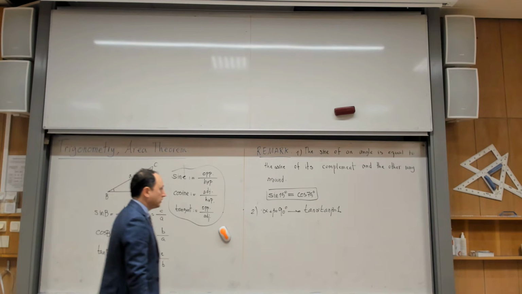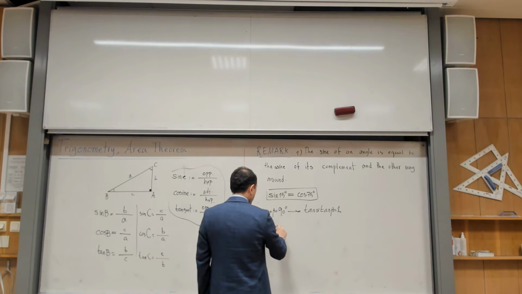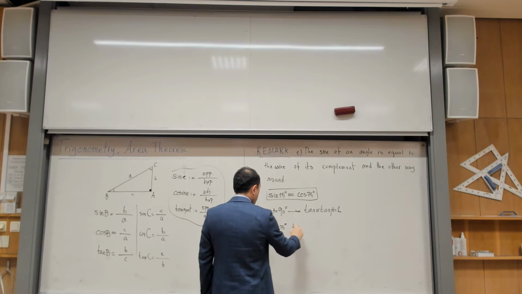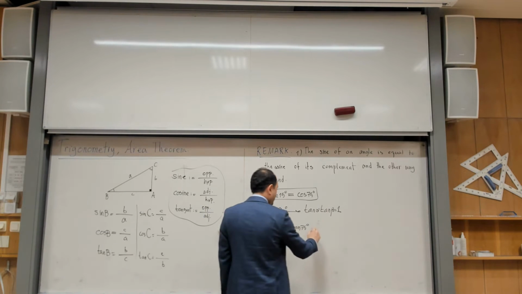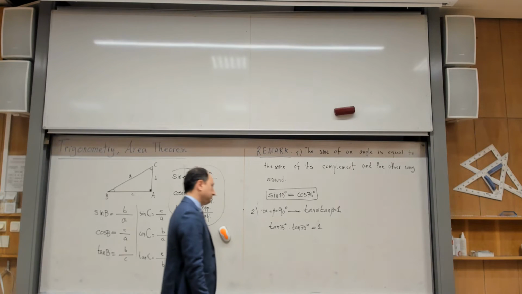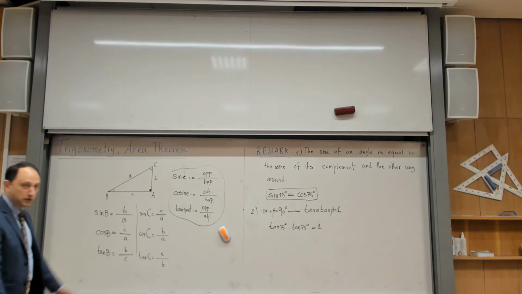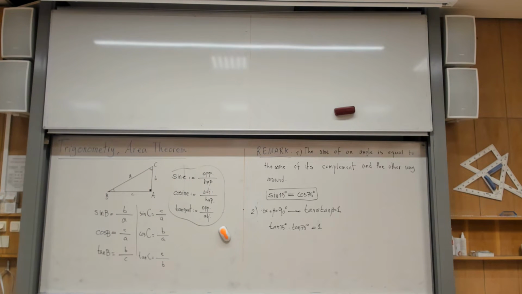So if I ask you what is the tangent of 15, I don't know. What is the tangent of 75, I don't know. But I know that this product is exactly equal to 1. That's also something that you can see from this setup.